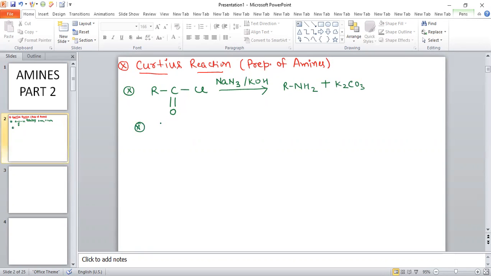Again, see the key features of this reaction. What are the key features of this reaction?